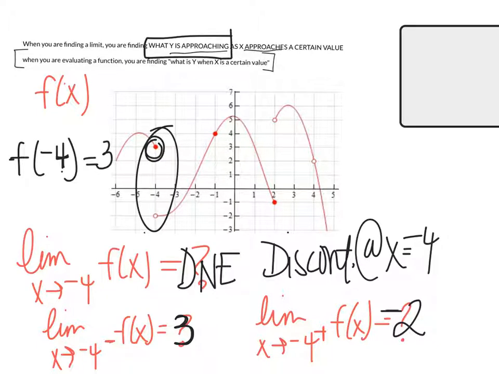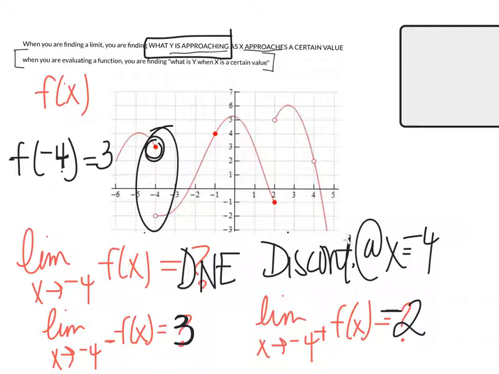So this has nothing to do with any of this. Before, in the last one, this value was equal to this value because it was continuous. But in this problem, it's discontinuous. There's still an ordered pair here, but it's not the same as the limit value. Why? Because there is no limit value. Why? Because the function is discontinuous at x equals -4.